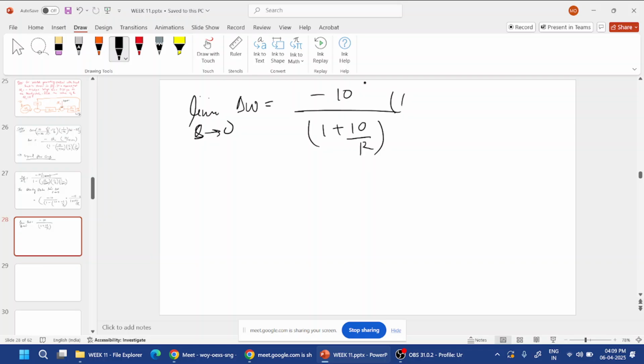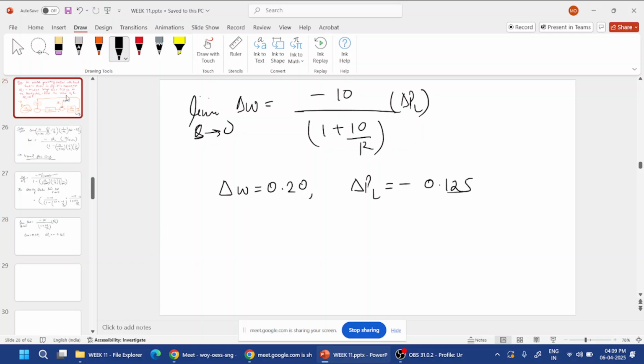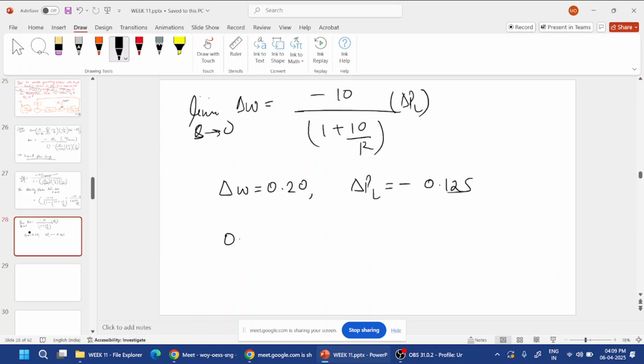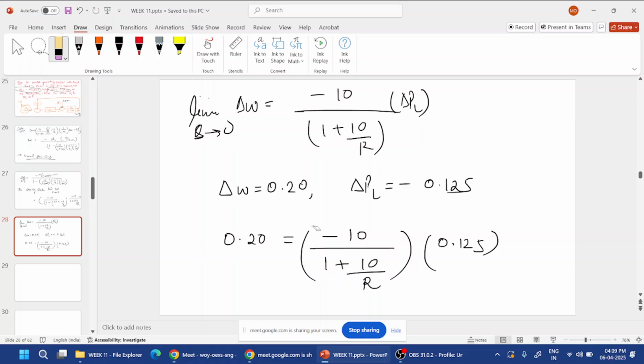Del PL is here. In the question it is given, take del W as 0.20 and del PL as minus 0.125. You can see here. So put this in this equation: 0.20 equals minus 10 upon 1 plus 10 by R multiplied by 0.125R, and we will remove this minus sign.